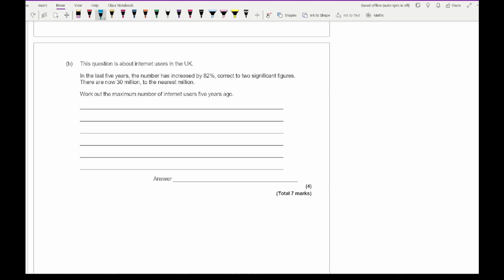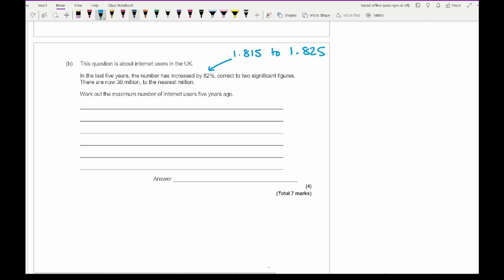So for this particular question, what we need to do is to work out the upper and lower bounds of each of these. Now for an increase of 82% correct to the nearest percent, that's going to be 1.815 to 1.825.